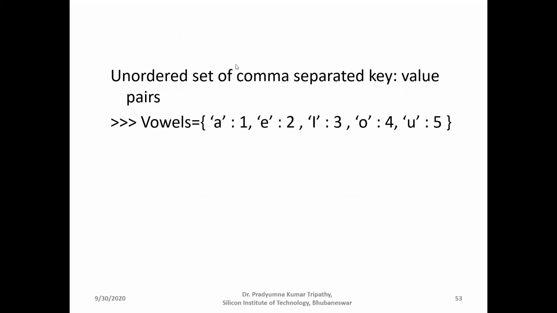So we can see over here, this is an unordered set. Unordered means it is not necessary that if I have stored in this order, when I print it, it will be in the same order; it may be in some other order, because order doesn't matter over here. Our matter is that for every key there is a value. So if I want to get a value, I must provide the key for the same.